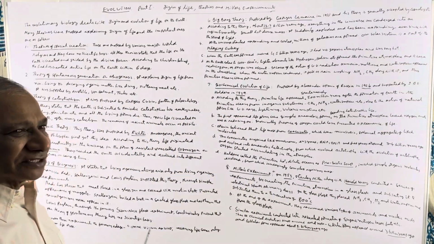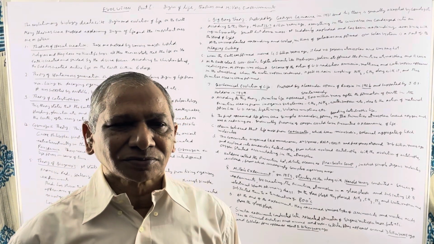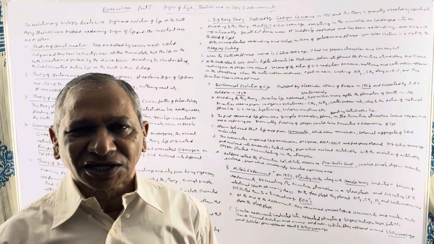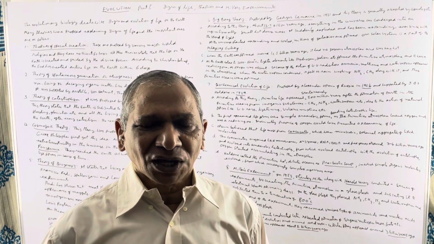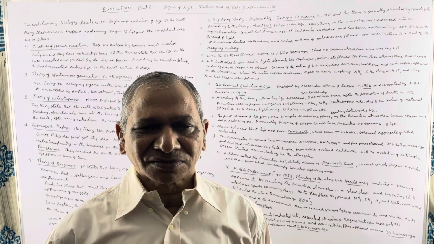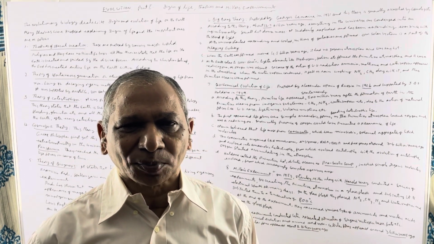Then Spallanzani took some broth, a meat broth or broth made of grains, in 2 glass jars. In 1 glass jar, he boiled it and sealed the jar. The other glass jar was not boiled and was kept open.